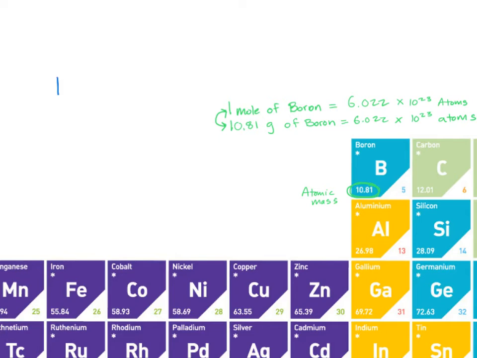Well, let's talk about a very simple molecule, a compound that we are very familiar with, which is water, which, as we know, has 1 oxygen and 2 hydrogens on it. So the red is hydrogen, the blue is oxygen, and that makes up a molecule of water.